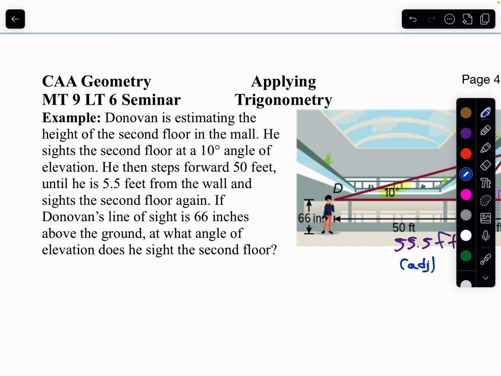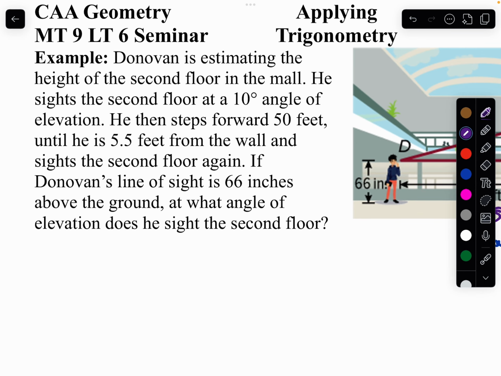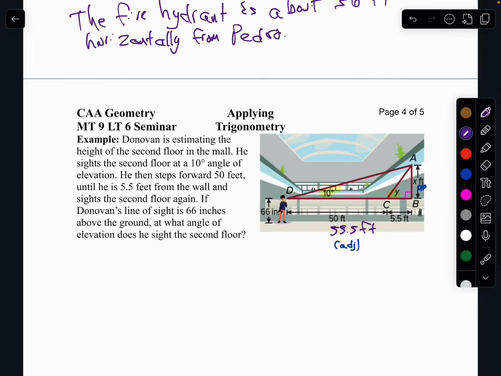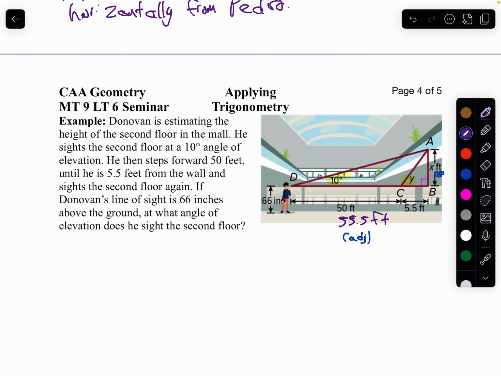So I'm going to say the tangent of 10 degrees equals the opposite, which is x, over the adjacent, which is 55.5.